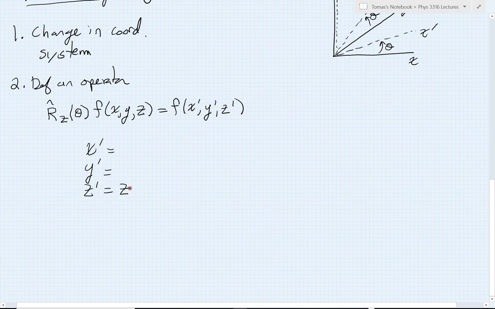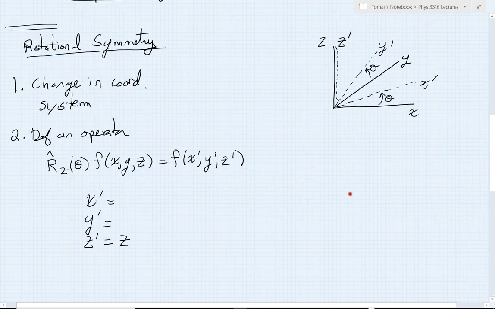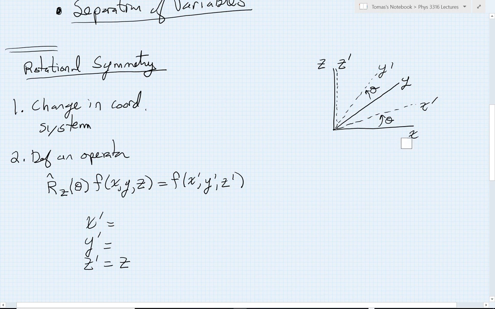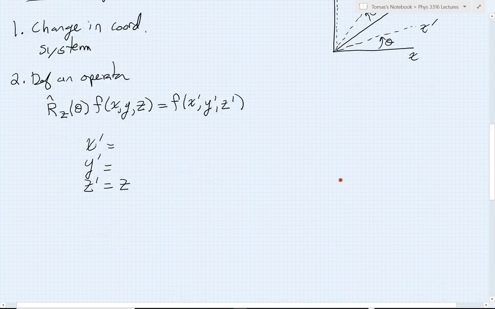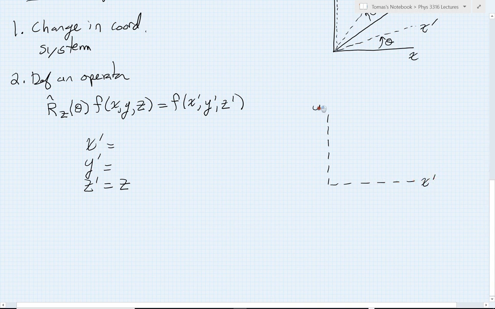The z coordinate will stay the same. All of the interesting action then happens among the x and y coordinates. So I'd like to draw a top-down view, a two-dimensional diagram, to make this a little easier. So I'm now going to be transformed into this new coordinate system, x prime and y prime, like so. So this is going to be a top-down view, looking down along the z-axis.